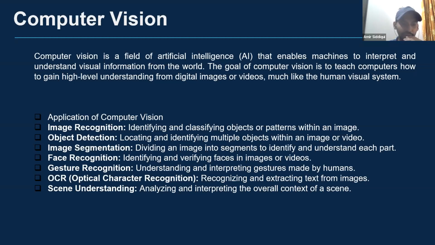Then the next application is face recognition, where we train our model with our own faces. For example, you have a team in your office, you will train a model with all the employees working in that team, and then you can implement that model as attendance for your team.